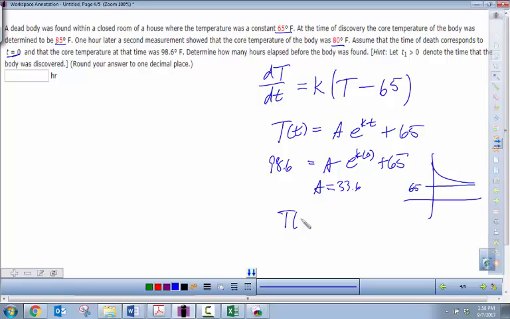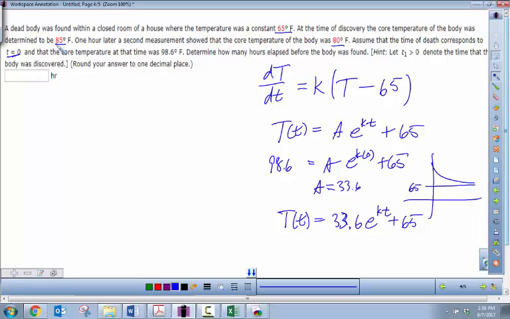So then your function is going to be 33.6 e to the kt plus 65. Okay?